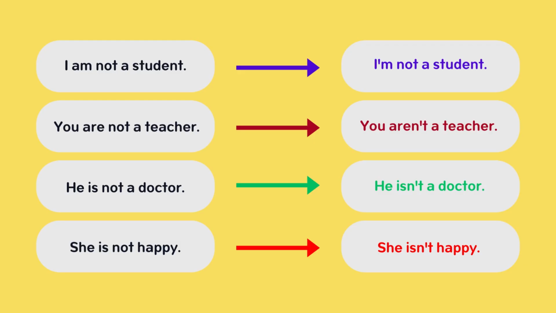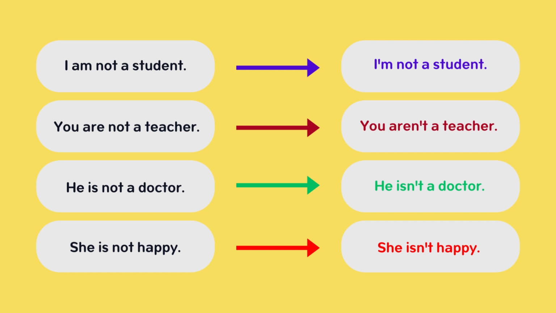Now, in order to make negative contractions, what should we do? Let's see. I am not a student. I'm not a student. You are not a teacher. You aren't a teacher. He is not a doctor.